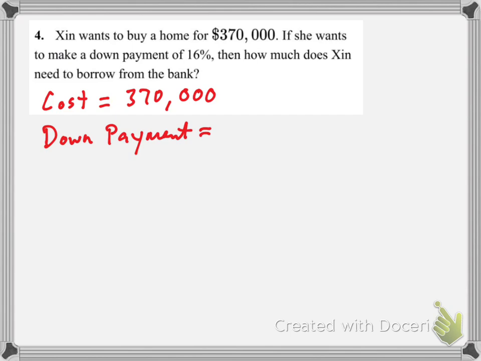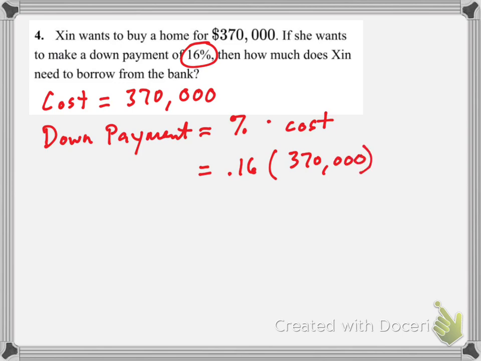So when they do that, you take percent times the cost. So in this case, 16% was the down payment. So 0.16 times 370,000. Okay? So the down payment was 59,200.